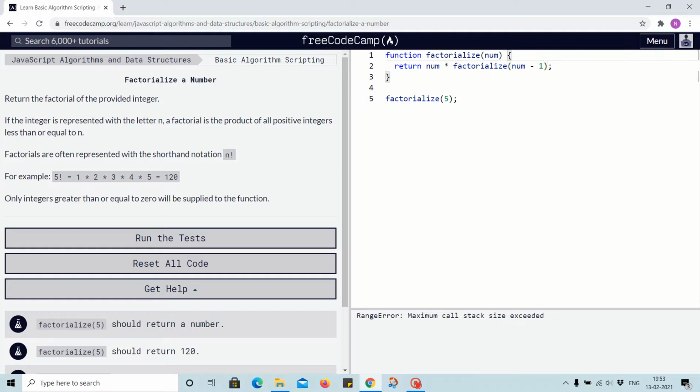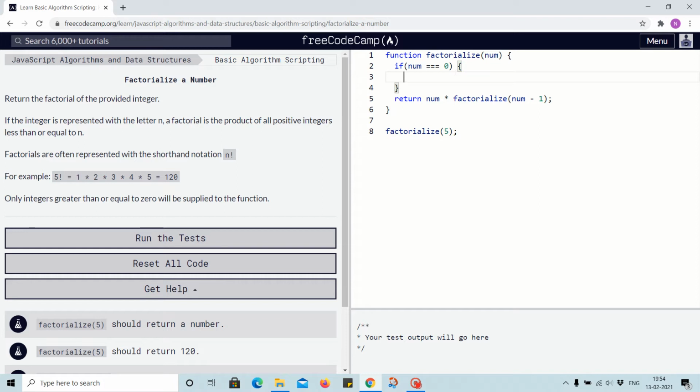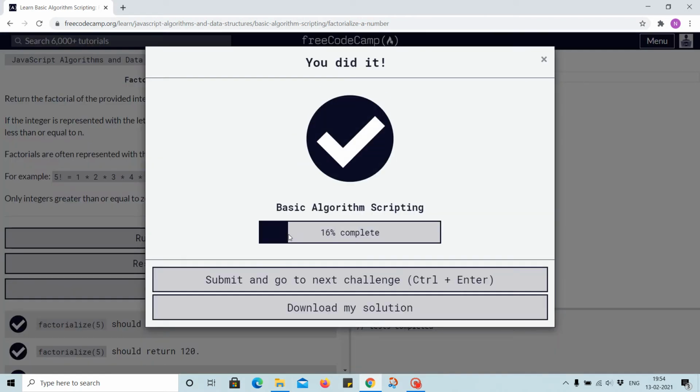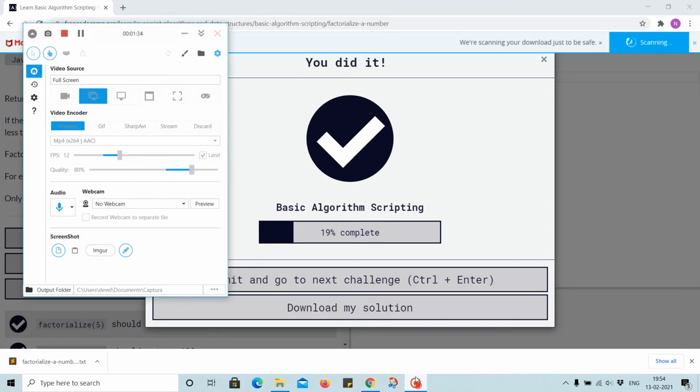And since we are solving it using recursion, we need to give a base condition: if num is strictly equal to 0, in that case return 1. This looks good. Run the tests, download my solution.